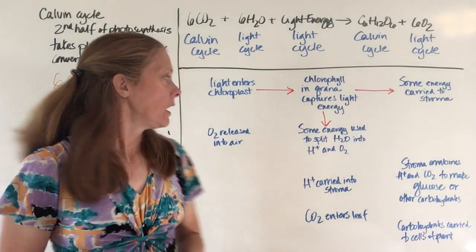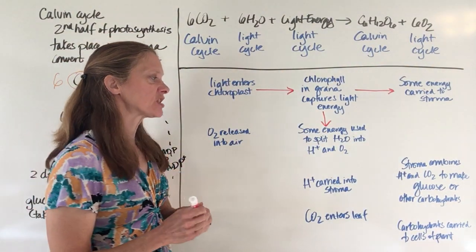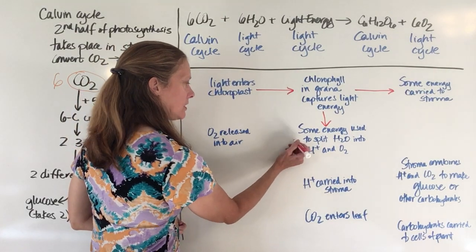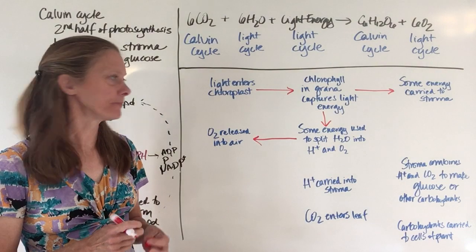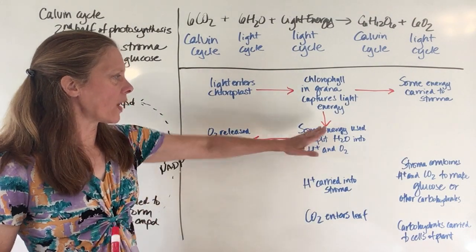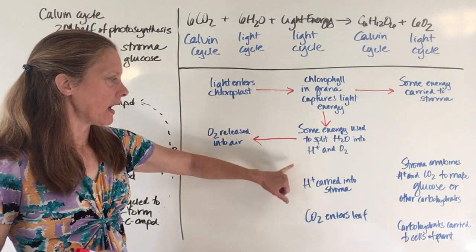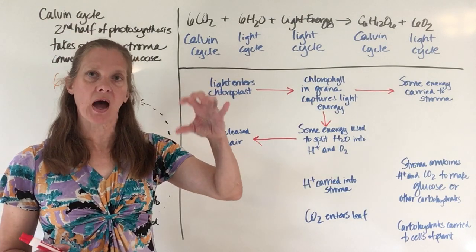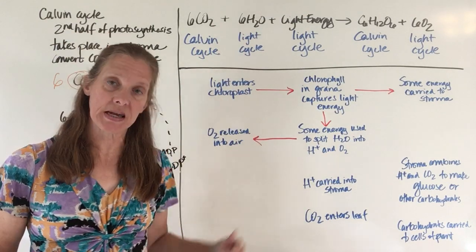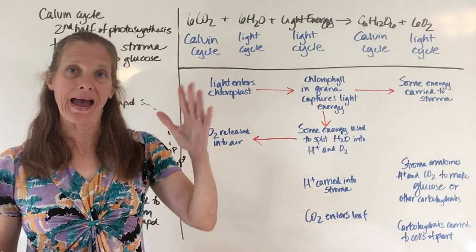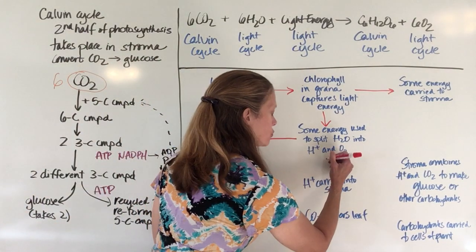All right. When this water is split, the oxygen is going to get released into the air. So this arrow goes over here this way. Once this is split, it initially pumps the hydrogen inside the thylakoid, but then it goes through the ATP synthase, goes back out, and it goes back into the stroma.